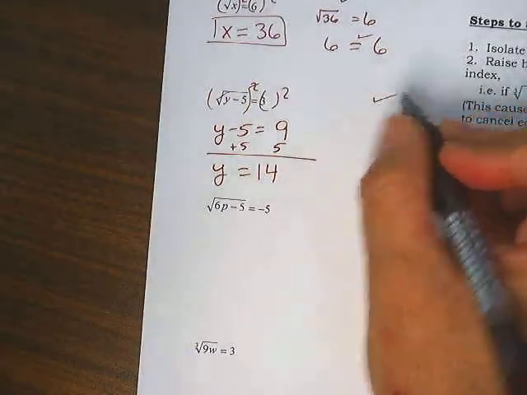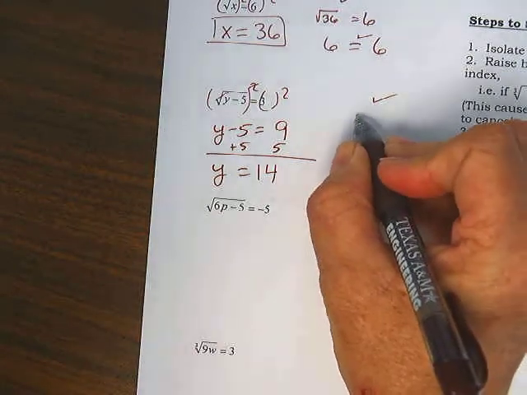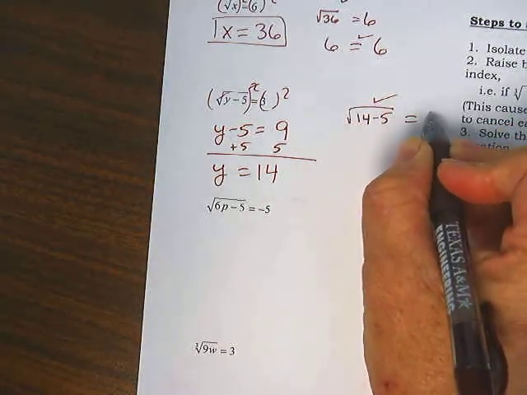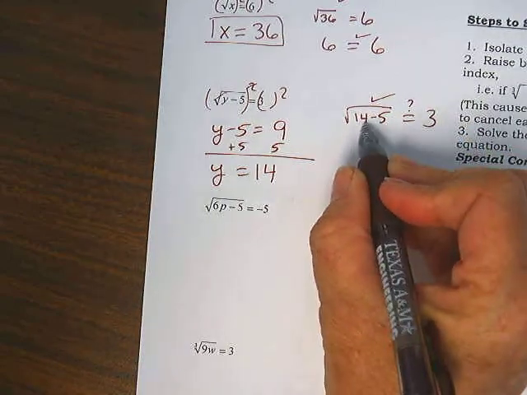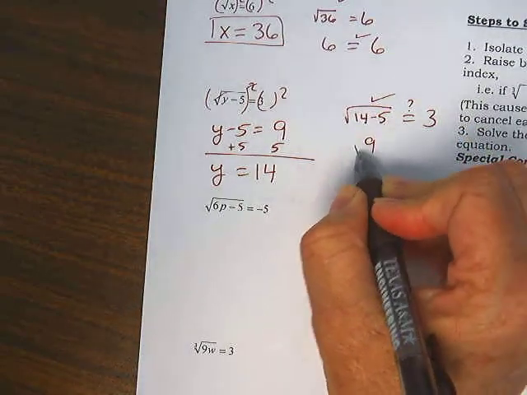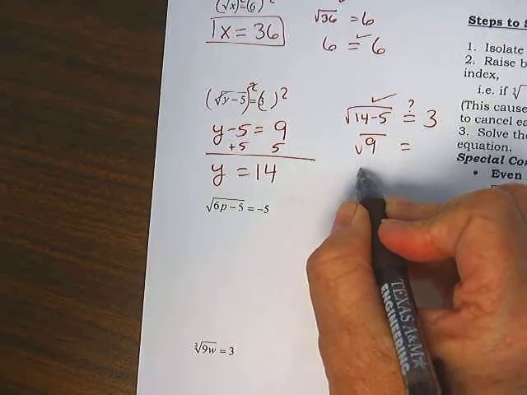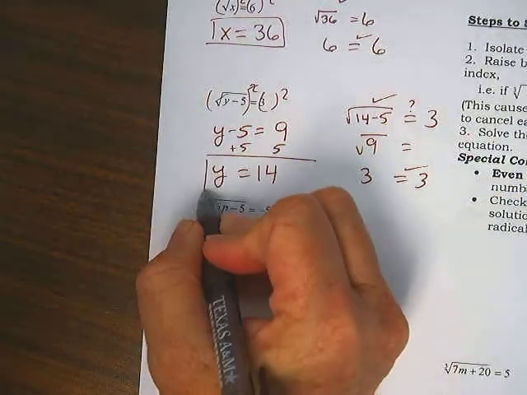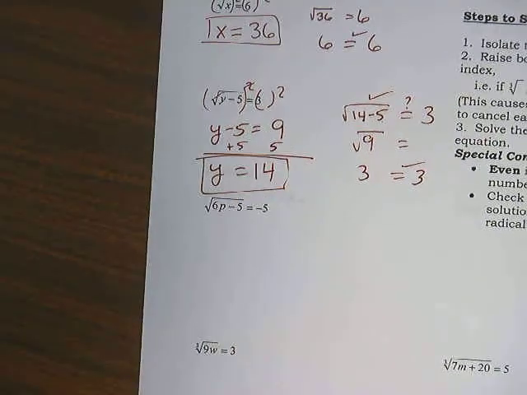Plug it back into the original equation. So 14 minus 5 square root, does that equal 3? 14 minus 5 is 9, square rooted. Square root of 9 is 3. And 3 certainly equals 3. So my solution of y equals 14 is good.